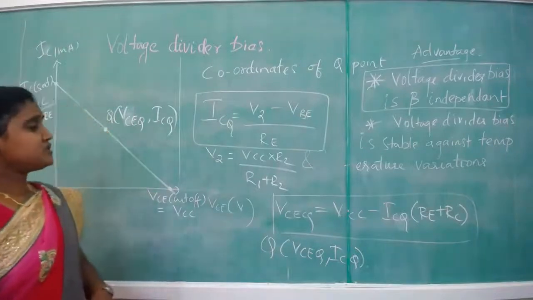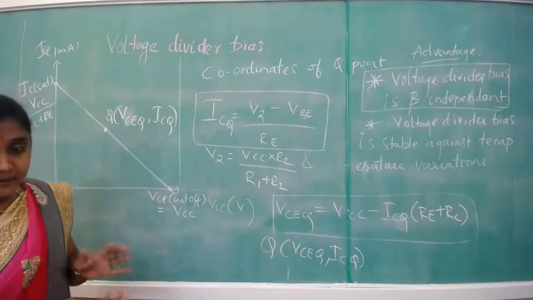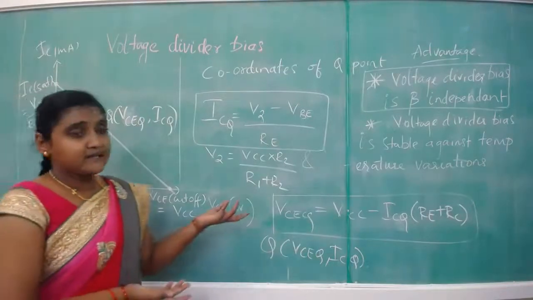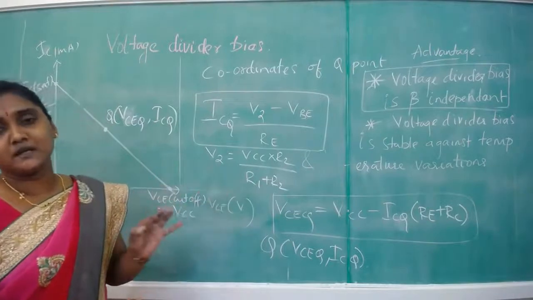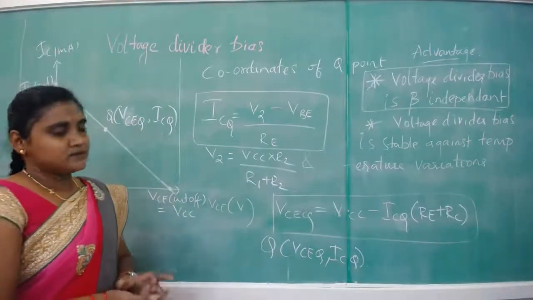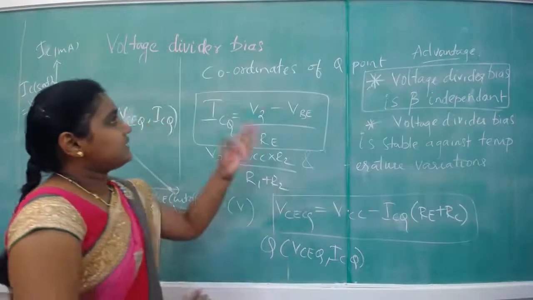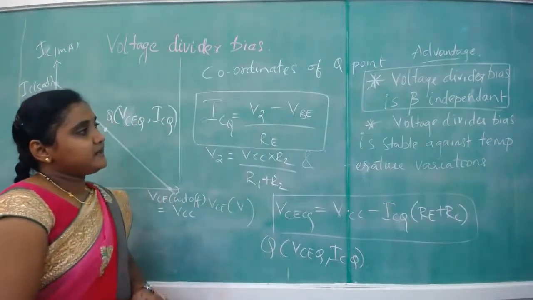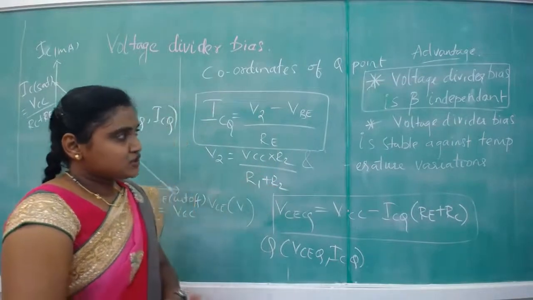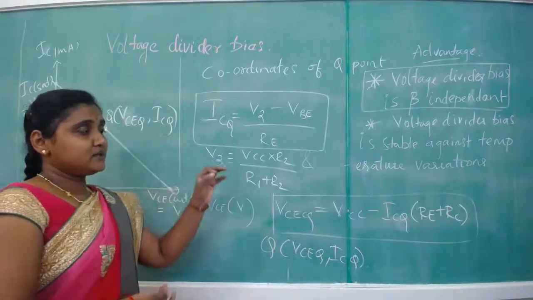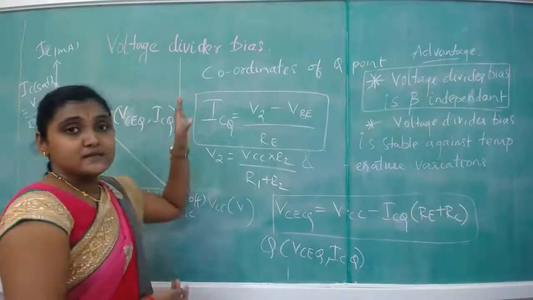So about the voltage divider bias, we can see that it is independent of beta. That means we can easily change the transistor used in the circuit. A similar type of transistor can be used. Okay. So this is the importance of the voltage divider bias. The advantage is that it is beta independent and it has better stability against temperature also. These are the reasons for which the voltage divider bias circuit is widely used.